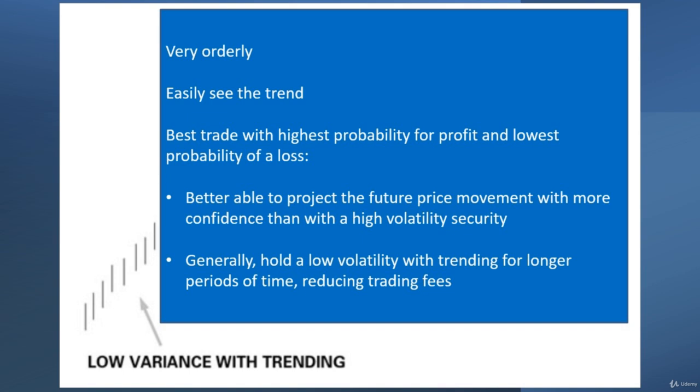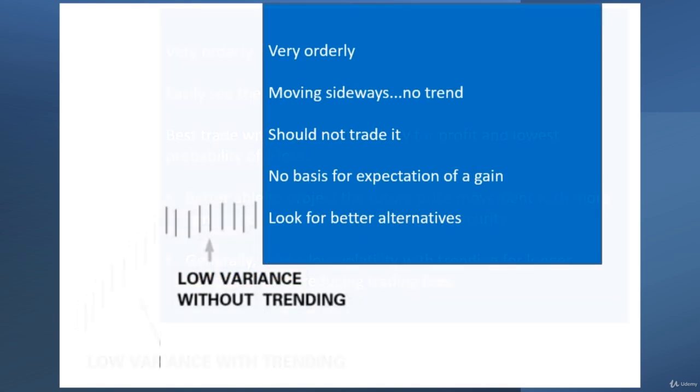You can let it ride a little bit because you're not getting a lot of ups and downs. It's all very orderly. It's trending in a certain direction. That trend could be either up or down, by the way. This happens to be low variance with trending, and as you can see, we're definitely in an upward trend. So if we bought earlier, we could feel confident that that trend is going to continue, and that's all very orderly. Here's an example now.